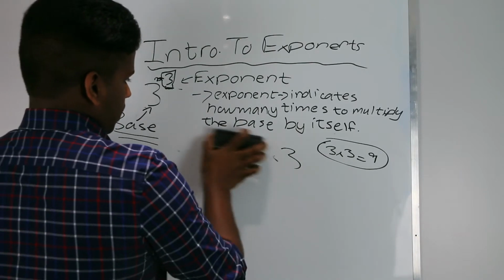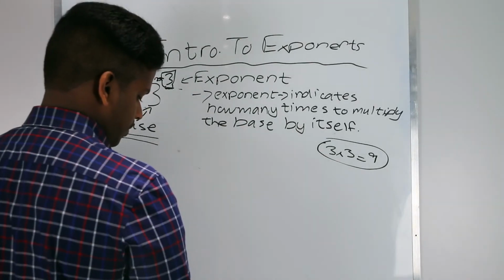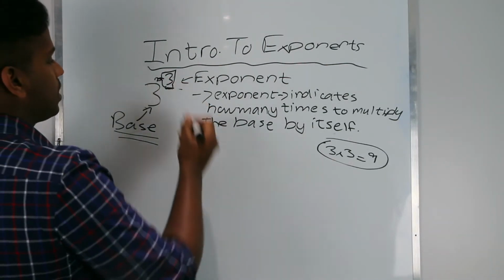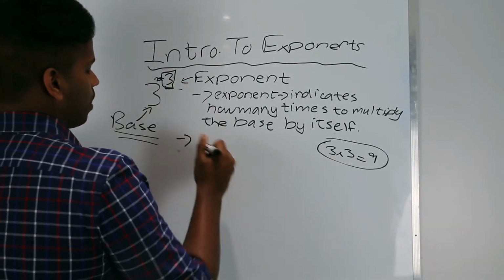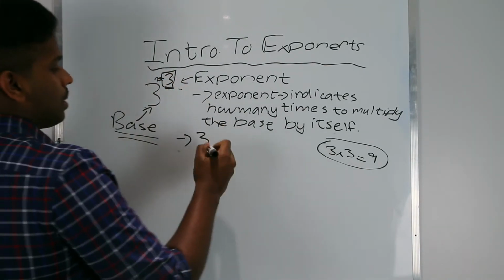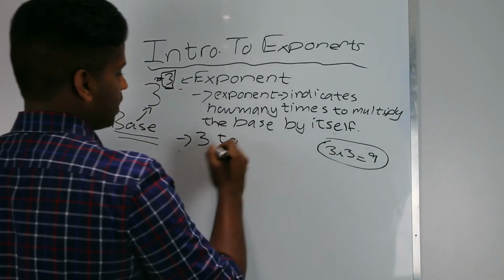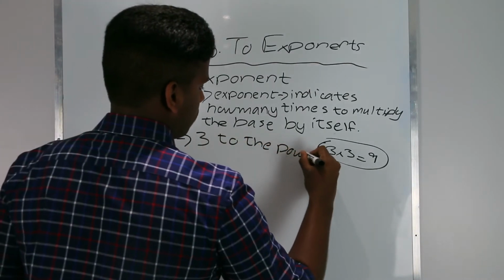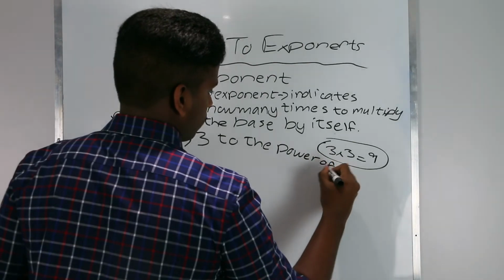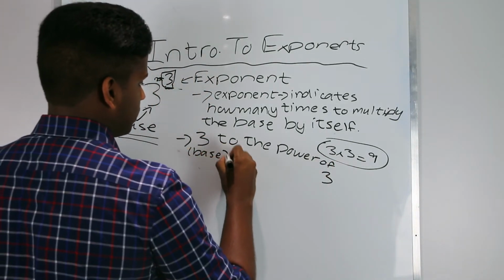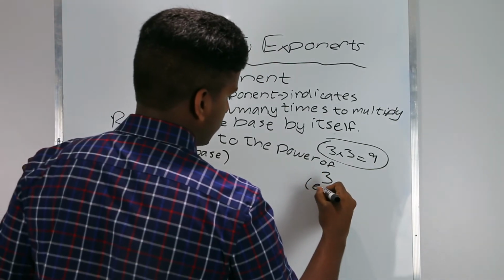Let me give you another thing. By the way, how would we say this? There are a few ways I know. For this example, we'd say 3, so the base, to the power of 3. So I'll just put in brackets, base, whatever the base is, to the power of the exponent.